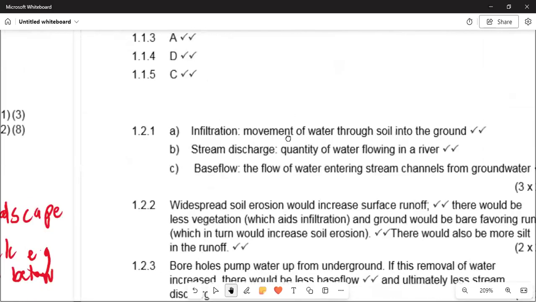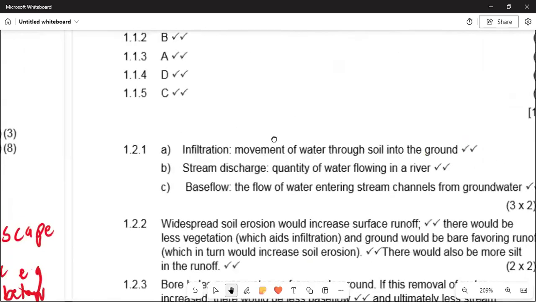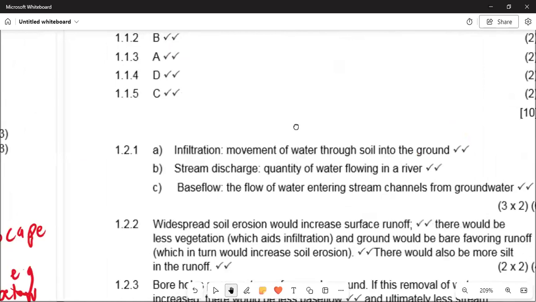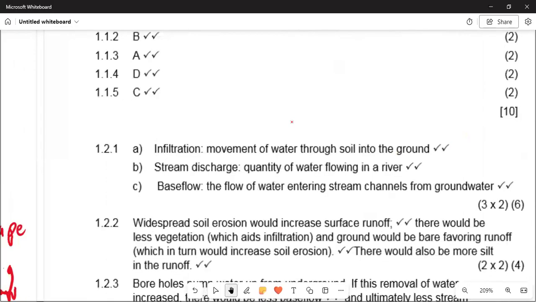There we are in 1 point. Okay. And then we can see that the wind-spread soil erosion would increase the surface runoff. Because of this erosion, there will be more runoff.